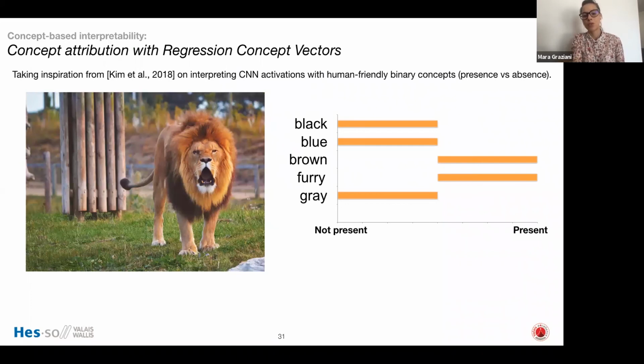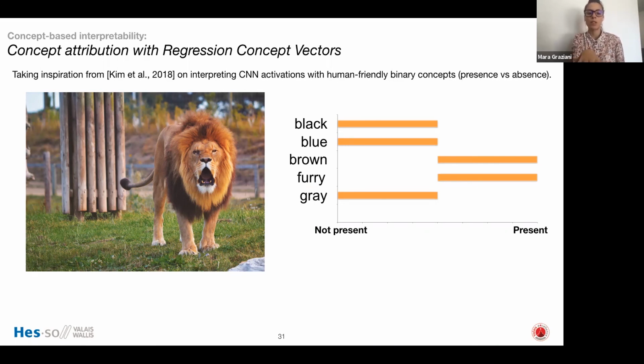So concept attribution is one important interpretability framework that we developed within the project, where we explain the network output in terms of a concept. We essentially took inspiration from previous work on human-friendly interpretability. This is essentially the concept activation vectors proposed by Kim, who proposed to interpret the network decisions in terms of binary concepts that can be either present or absent in the input image.